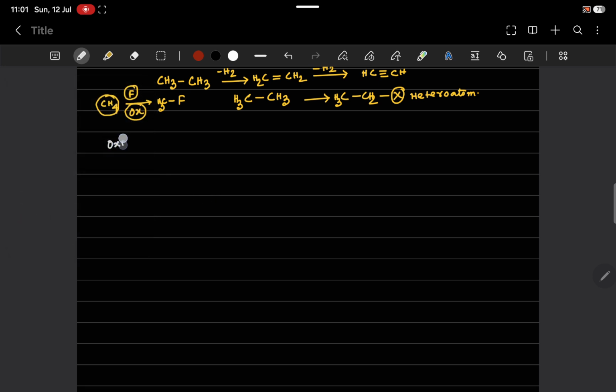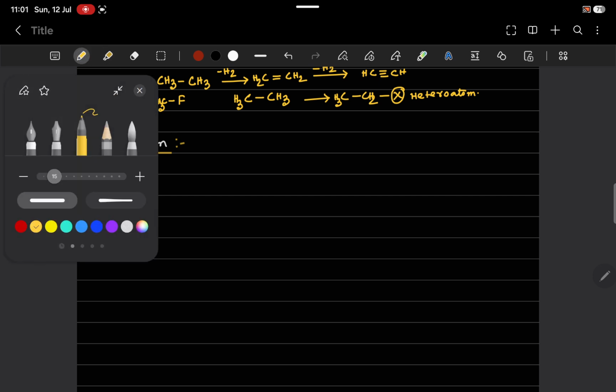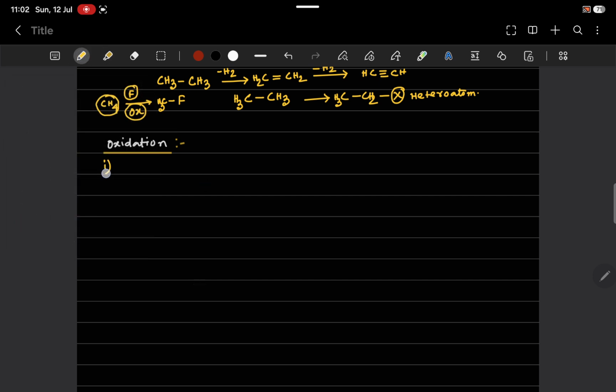then you can say it is oxidation. So if we talk about oxidation, we have to keep these things in mind. First is release of electron. Second point is removal of hydrogen.